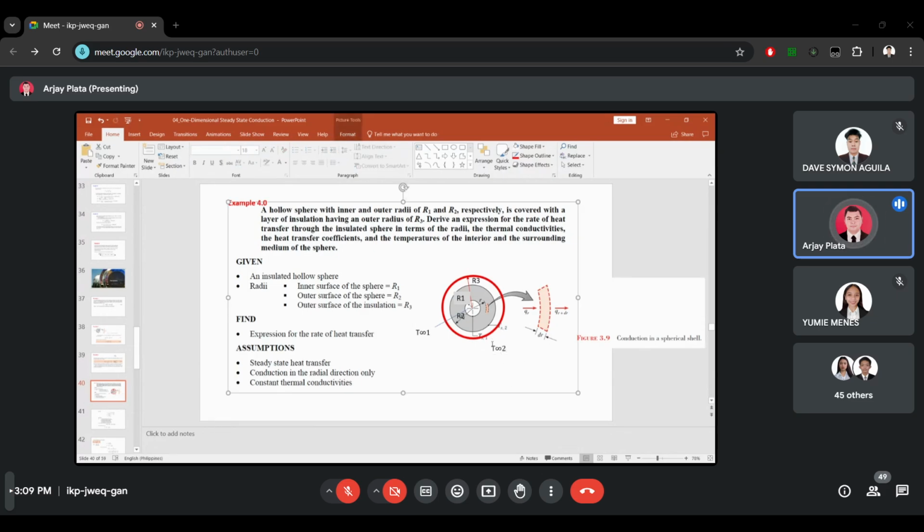Also, this is for the air, just to be specific. So this temperature is for the air outside the sphere, so outside the insulation.